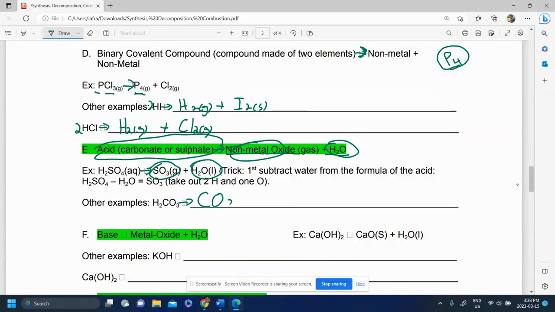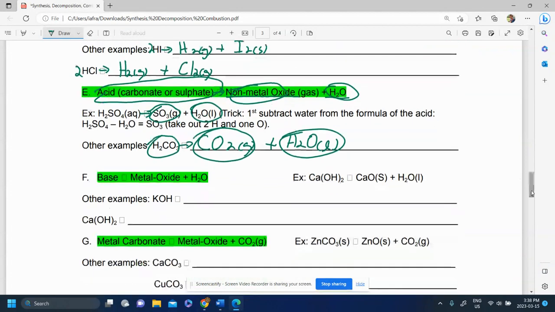If this reaction happened here, it would form CO2 gas plus water. Again, be able to identify you have one thing becomes 2 things. So that's decomposition. Here, similar situation, you have a base. It breaks down to make a metal oxide and water.